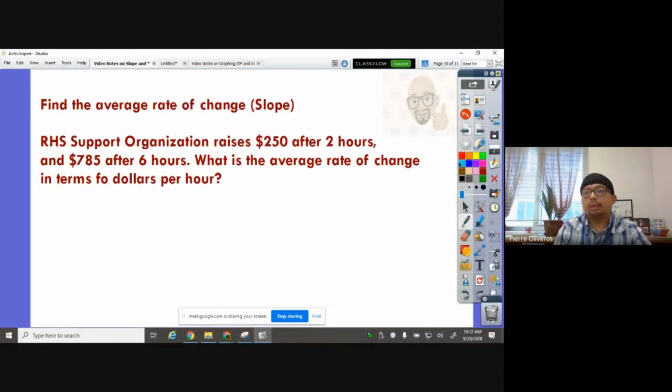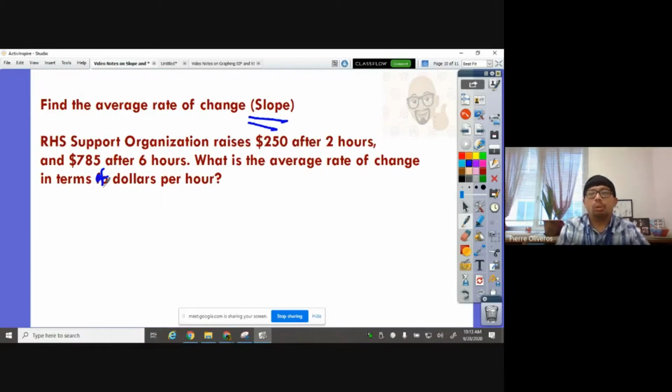Just a real life application here. We're going to try to find the average rate of change, which is the same thing as slope. The RAHS support organization raises $250 after 2 hours and $785 after 6 hours. What is the average rate of change in terms of dollars per hour?